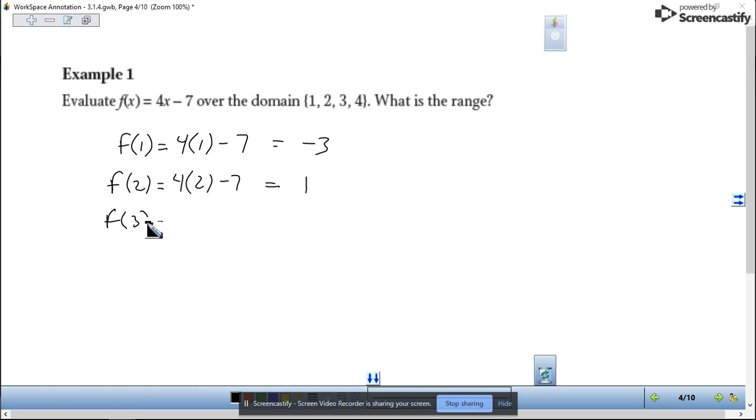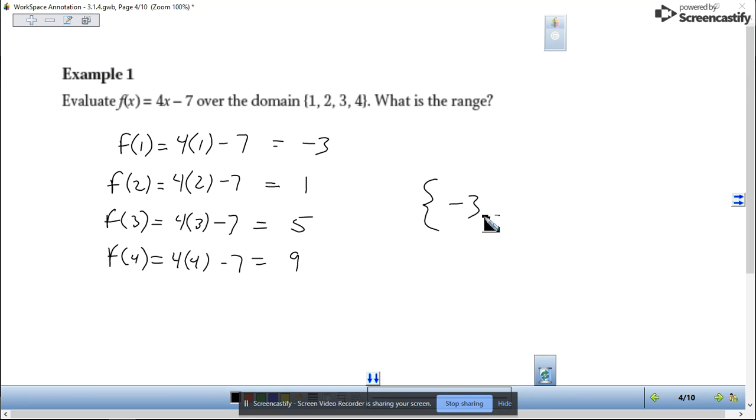F of 3 is 4 times 3, which is 12 minus 7, which is 5. And f of 4 is 4 times 4 minus 7, which is 16 minus 7, which is 9. So my range is negative 3, 1, 5, and 9. Not too complicated, not too hard. I don't think we're going to have much trouble with this lesson.